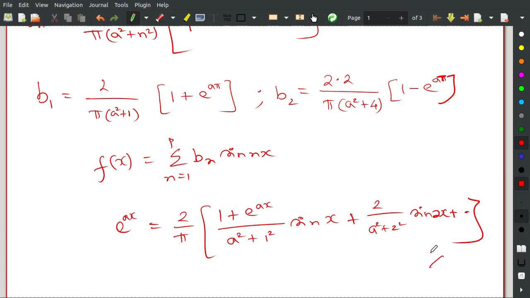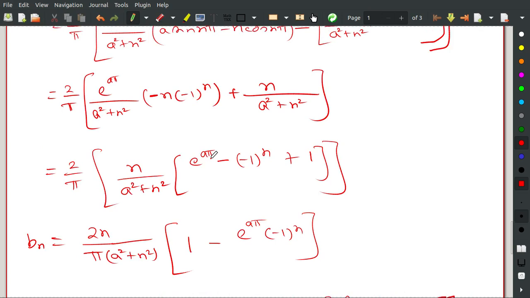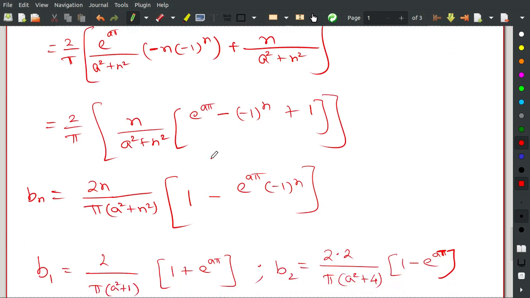This is a simple problem, provided you remember these standard integrals and these half range and full range techniques.